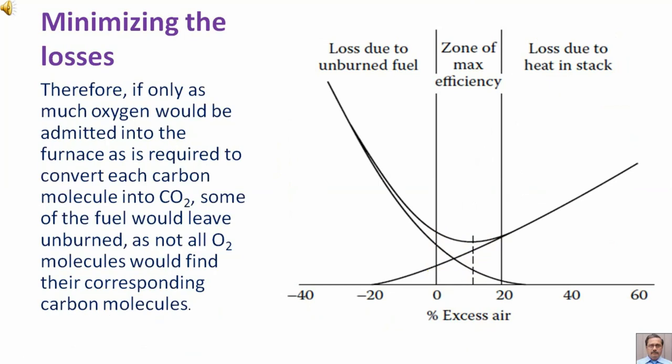Therefore, if only as much oxygen would be admitted into the furnace as is required to convert each carbon molecule into carbon dioxide, some of the fuel would leave unburned, as not all oxygen molecules would find their corresponding carbon molecule.